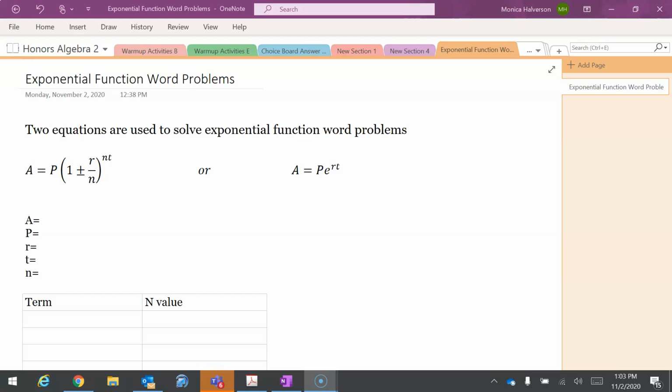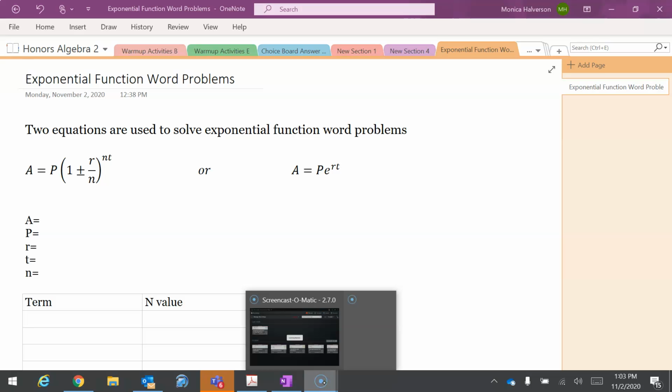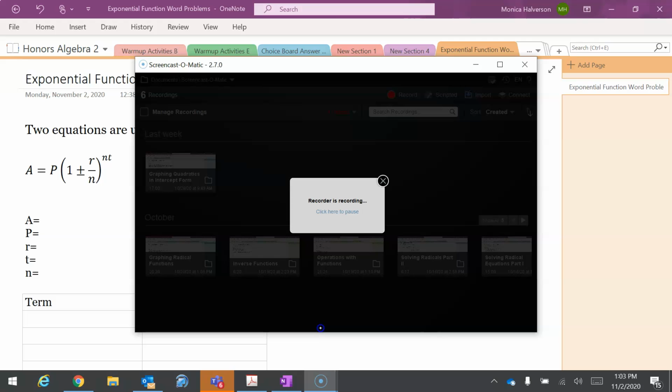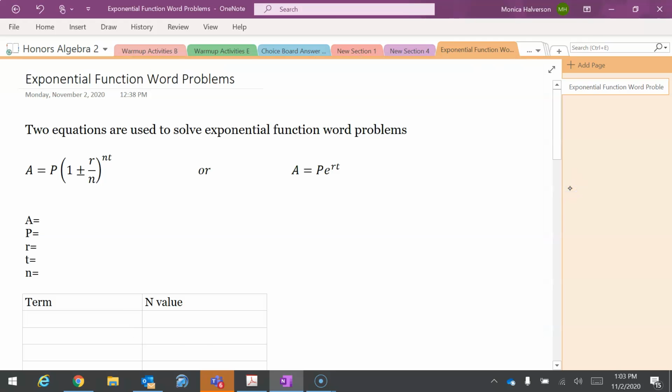So we're going to talk about two different equations that could be used to solve these types of word problems. The first is A equals P times (1 plus or minus r over n), all raised to the nt. The second is A equals P e to the rt. We have to first identify which one we're going to use.